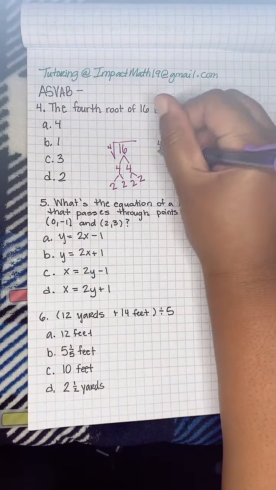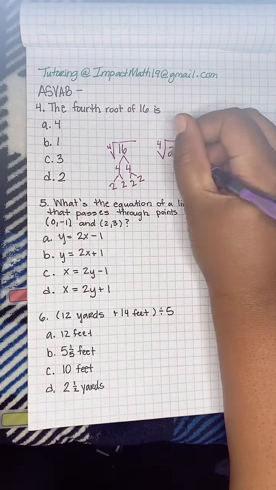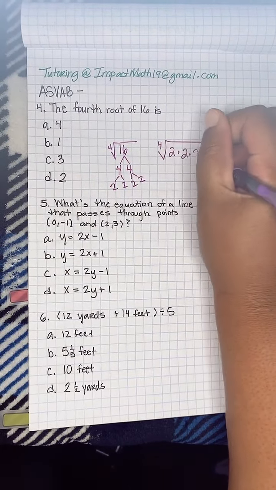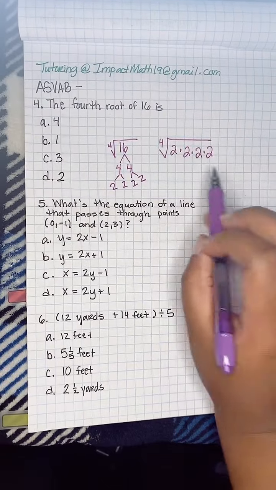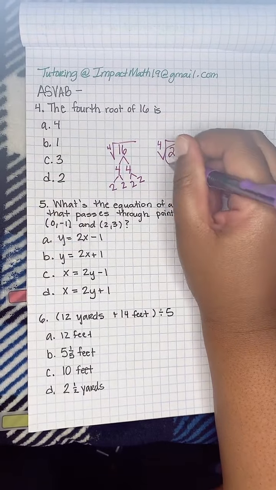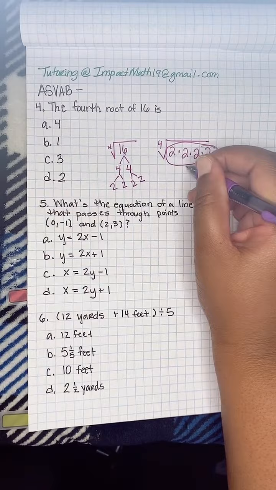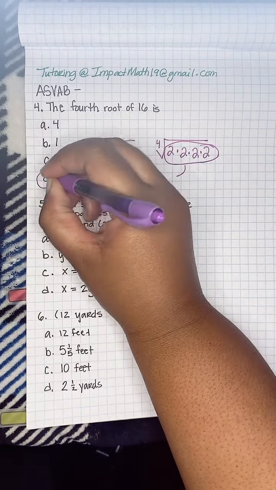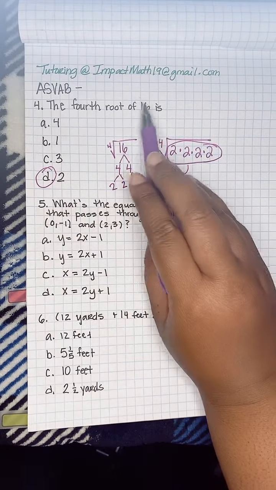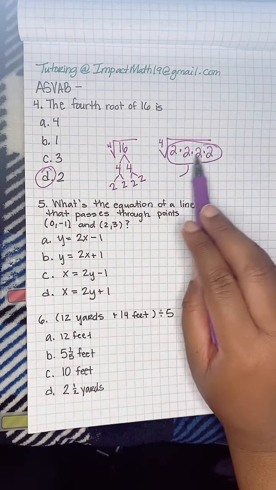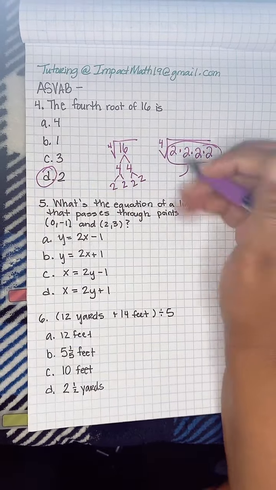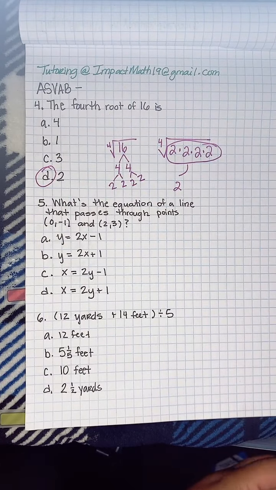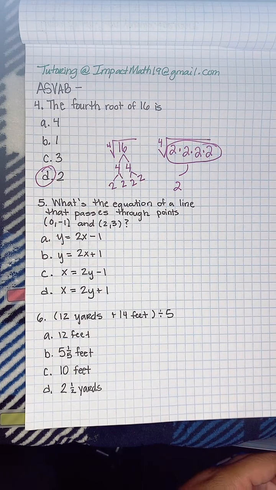So when you're taking the fourth root of a number, you're looking for a number times itself 4 times. Okay. So our answer is going to be D. So the fourth root of 16 is 2. Yep. So it is D.